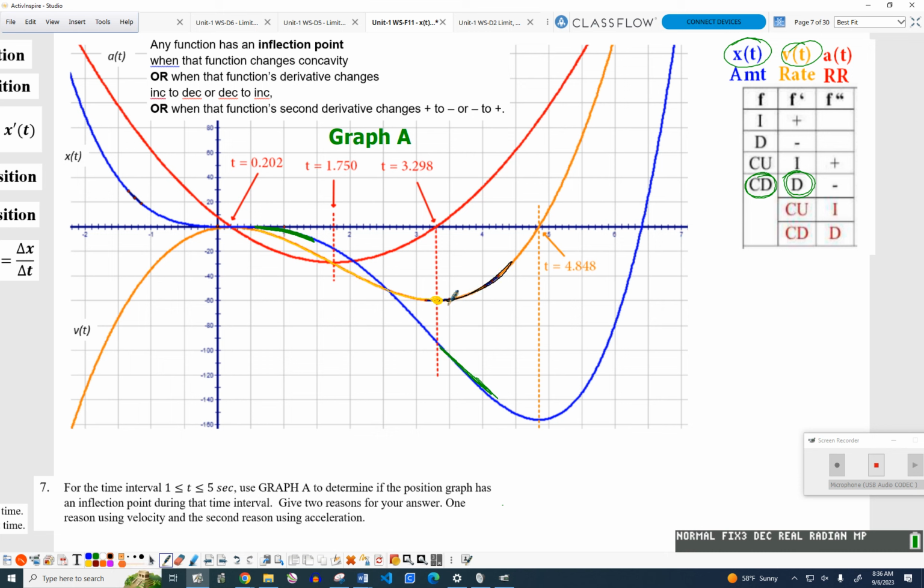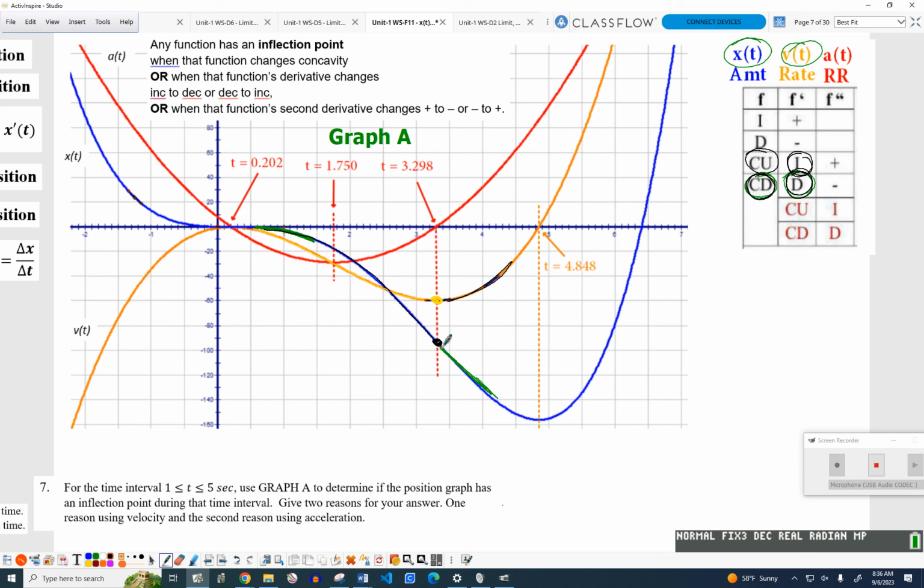Look over here. When the velocity was going down, the position graph was always concave down. Once the velocity switches and starts going back up, the position graph switches to being concave up. So here we go. Position graph is concave down all the way until we get to right there.